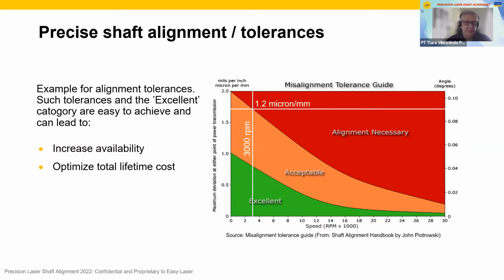And we find at the top the cross point between acceptable and alignment necessary, which means 1.2 micron per millimeter. So everything greater really requires alignment, but even the acceptable range does not mean it is precisely aligned. Then we would need to be better than 0.8. Only values smaller than 0.8 micron per millimeter are, per this tolerance table, considered to be precise.